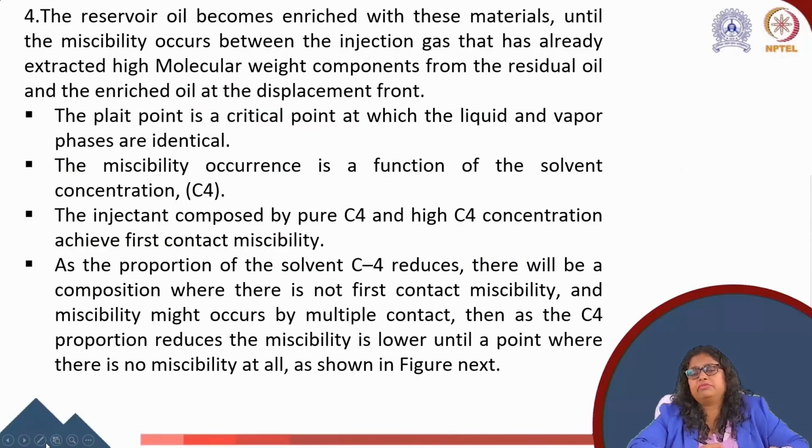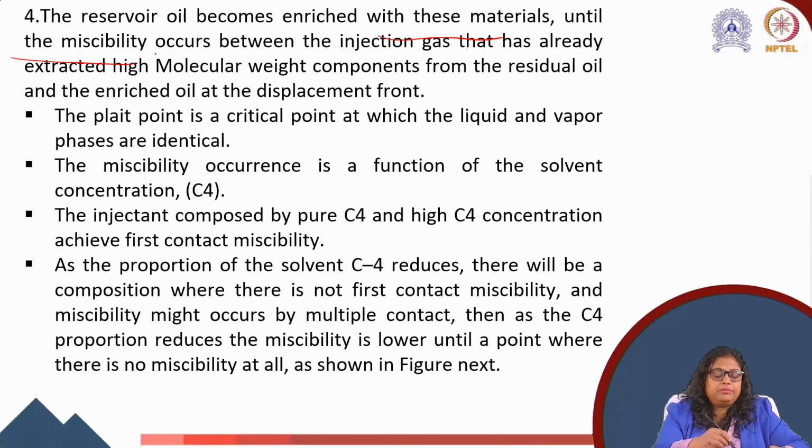And in the fourth step, the reservoir oil becomes enriched with this material, which is condensed back into the reservoir, until miscibility occurs between the injection gas, which has already extracted the higher molecular weight components from the residual oil, and the enriched oil at the displacement front.